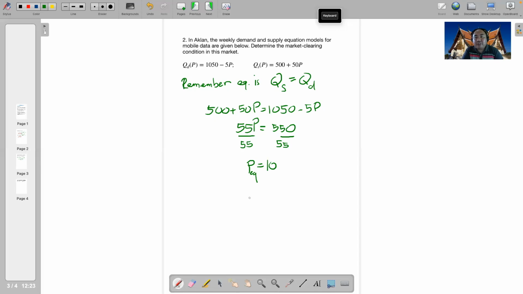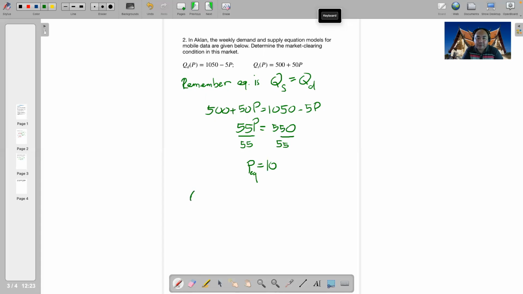Now, of course, we said before that market clearing conditions should be given as a pair where you have the equilibrium price and the equilibrium quantity. So we have to solve for the equilibrium quantity by substituting this P into either of the two equations. I think it's easier if we substitute it into QD.